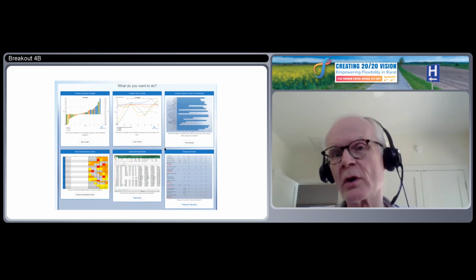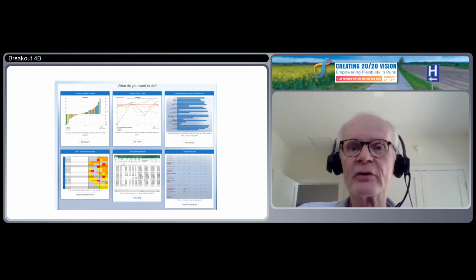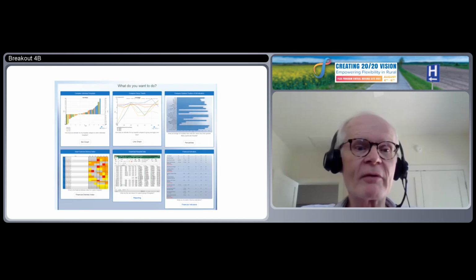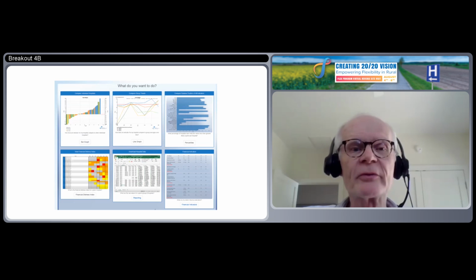So if you want to do your own statistical analysis, or if you want to present data a certain way, you'll have the raw data to work from. And then finally, in the bottom right hand, this is I think our newest product, and that's really designed specifically for state flex coordinators, which tells you at a glance how the hospitals in your state are doing compared to the national median and so on.